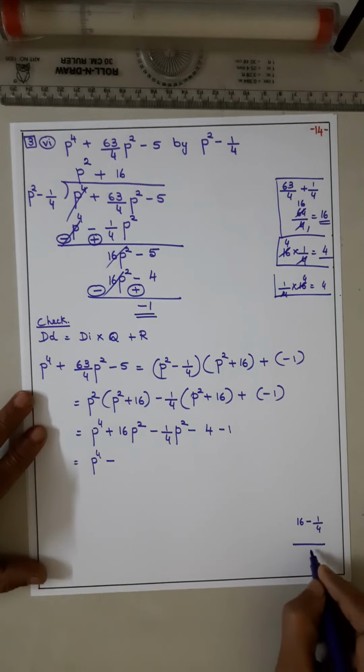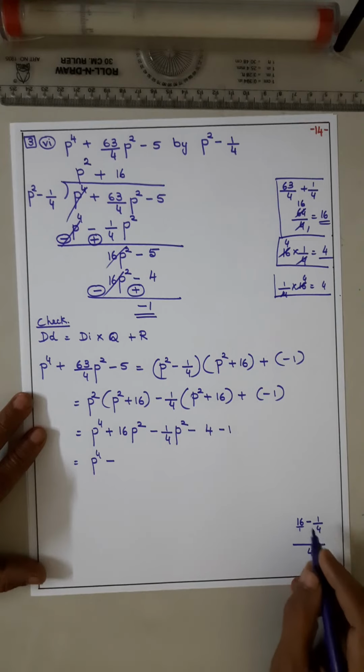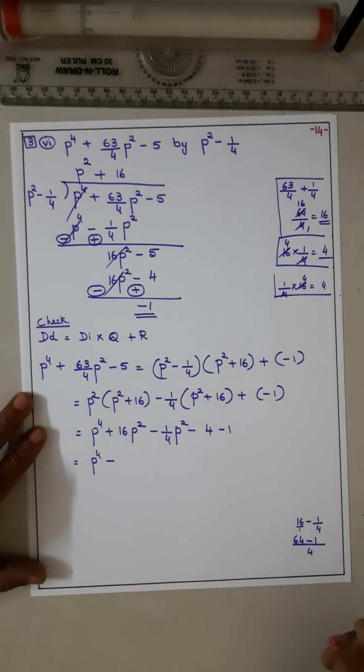Now take the LCM. Here it is 1. 1 4s are 4, 16s are. How much will it be? 4 16s are 64 minus 1. So how much you got? 63 by 4.